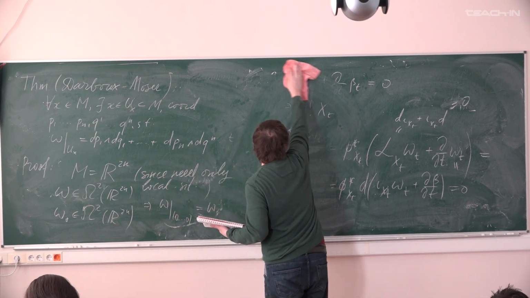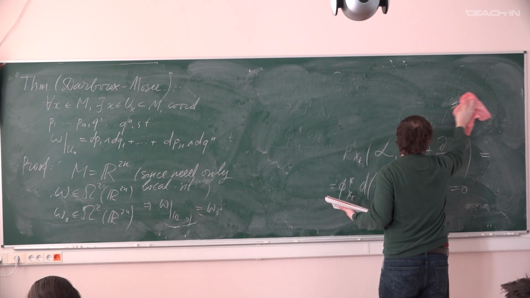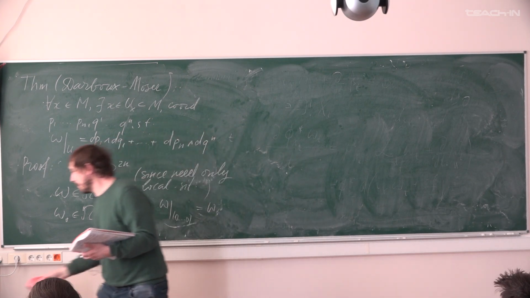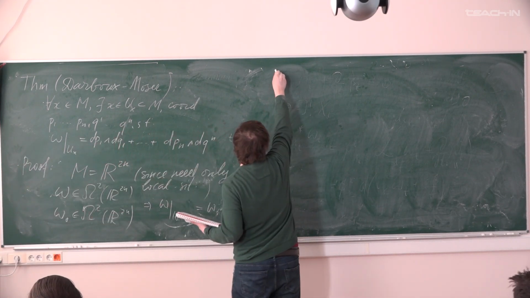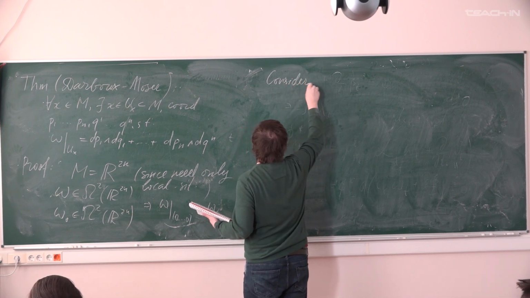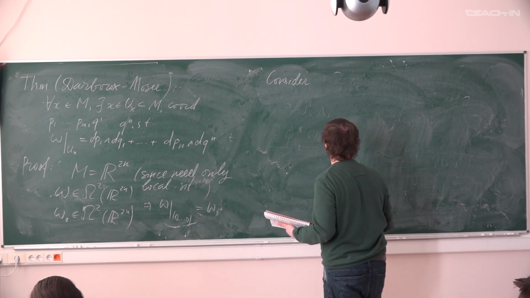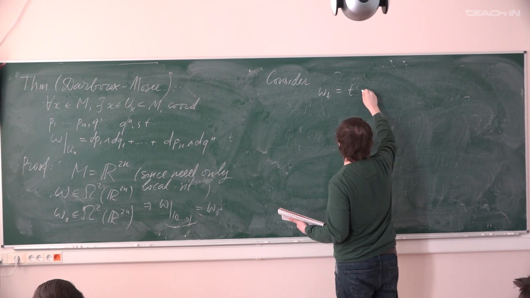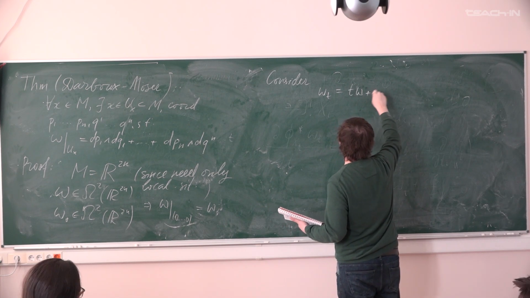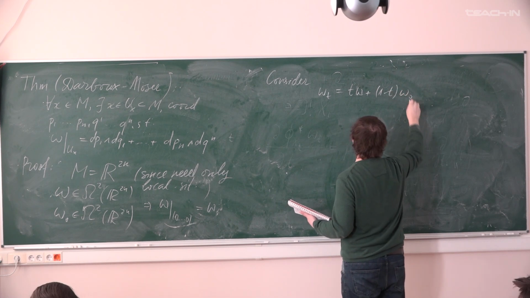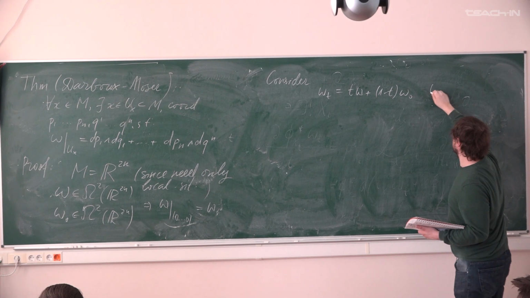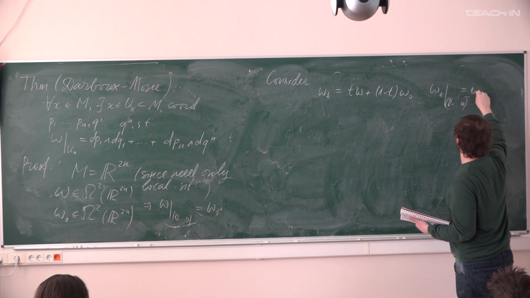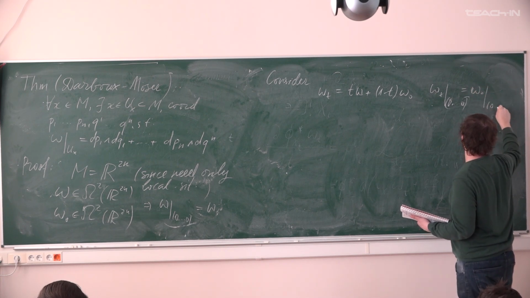So now consider ω_t equal to tω plus (1 minus t)ω0. ω_t at the origin is symplectic, since it's always equal to ω0 at this point.